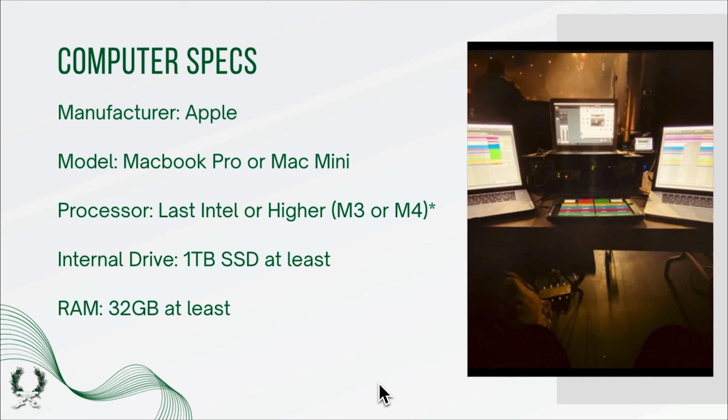The computer is almost using 0% of the CPU to run our sessions. It's just really powerful. So I would recommend getting that because it's way more scalable in the long run.